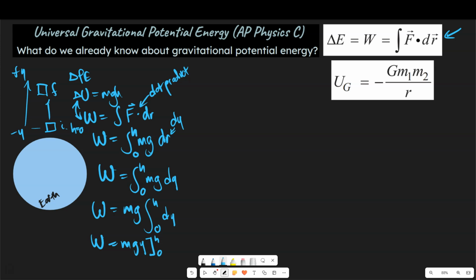So from that we could say, well, effectively the work that's done, which is going to be equal to the change in potential energy, is going to be equal to mgh here. So that's how we can justify getting mgh, but it's really crucial that we point out that this is constant right here. And that's the reason why we can pull out the m and the g, is because near the surface of the Earth, the mass and the gravitational acceleration is not going to change.